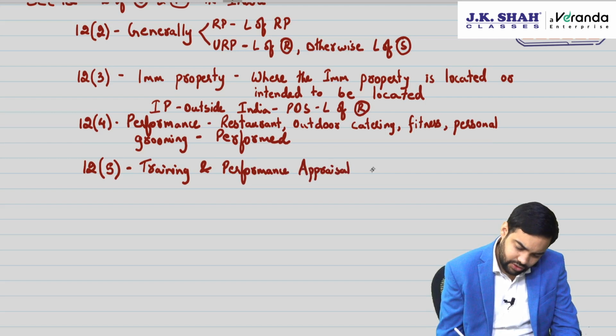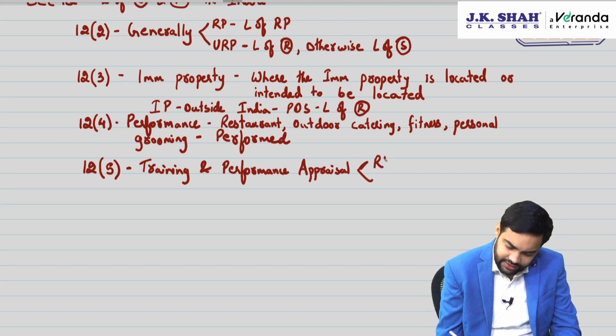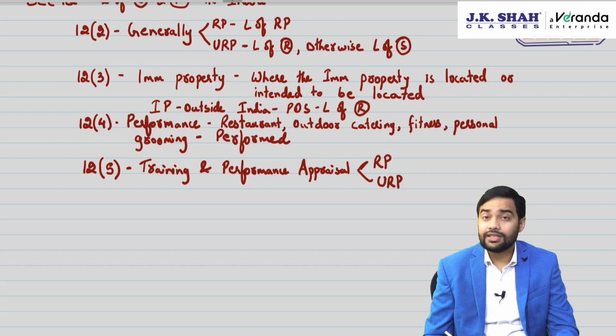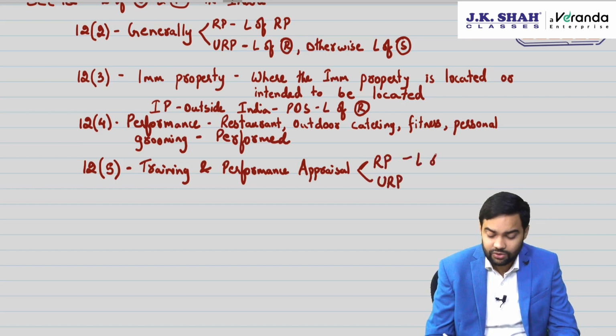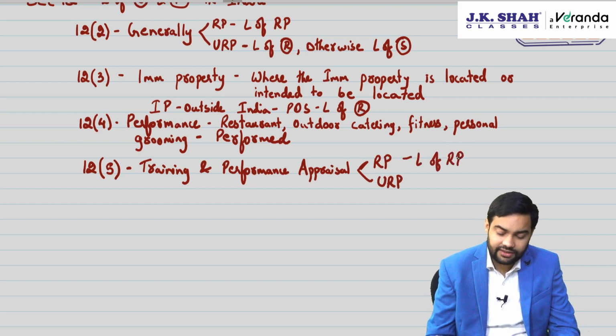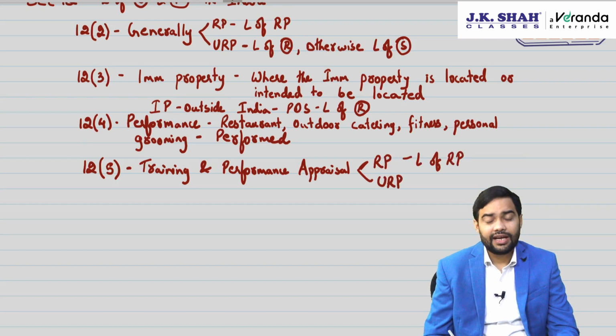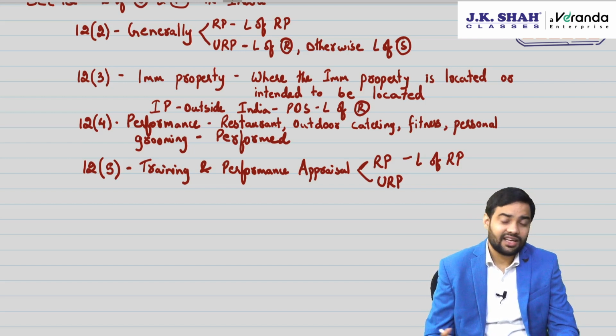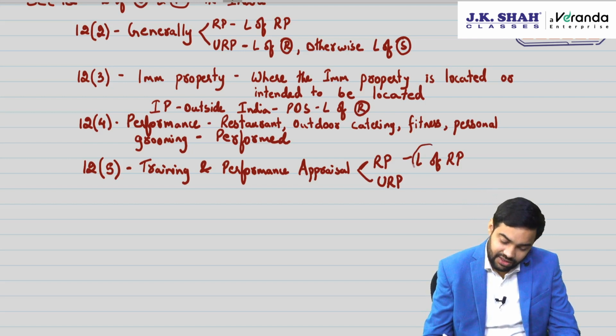As it's very important, government has gone ahead and created two parts, saying that if it is provided to a registered person, don't even look at where the service is performed, because it doesn't matter. The moment it is provided to a registered person, close it then and there itself. That means even if the training is held outside India, you will not keep the place of supply outside India. It will be kept here.